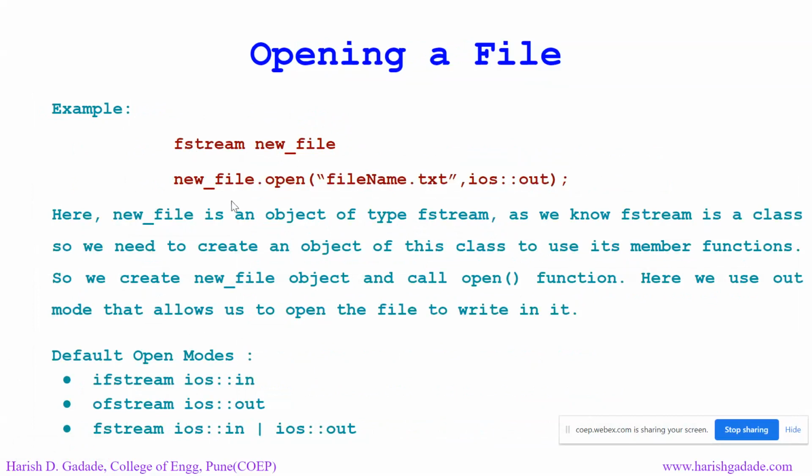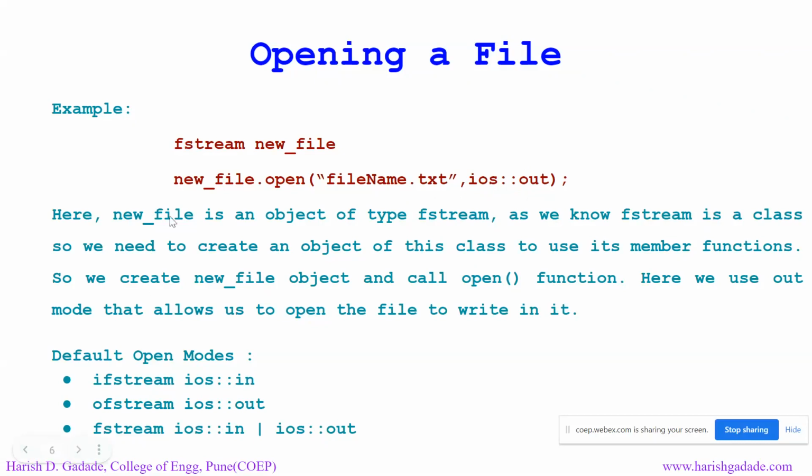Using this object, we can access the functions of file handling. The first is the open function. For that, we need to use this object, and this is the syntax. Filename dot txt, see here I used txt, it means that file is a text file. And this is the mode we can use.